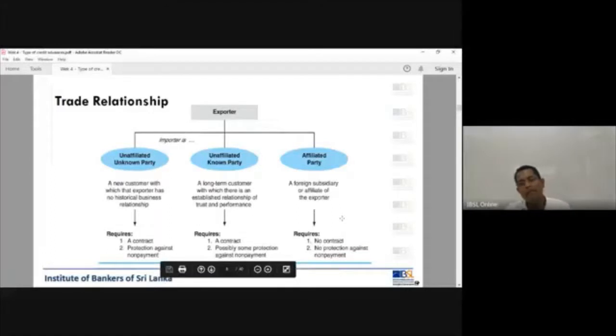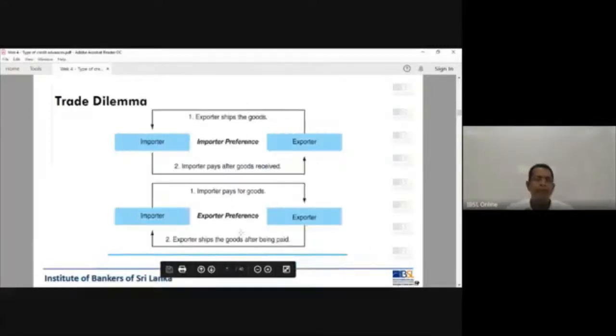These are the three types of transactions we have. For this one, I don't think we need an LC. We never ask for LCs. But for these people, going on an open account is a very, very risky thing. Right? So we will look at what LCs and D/P bills are.